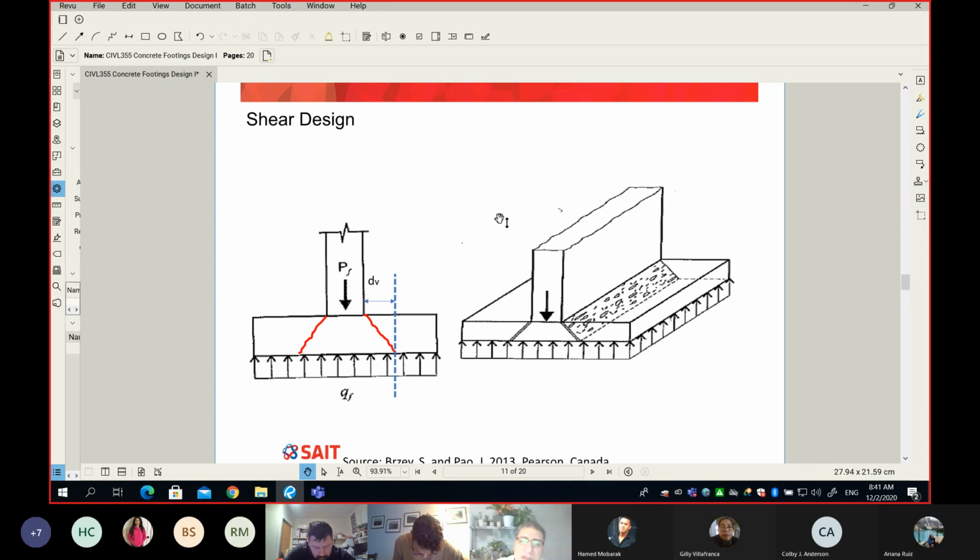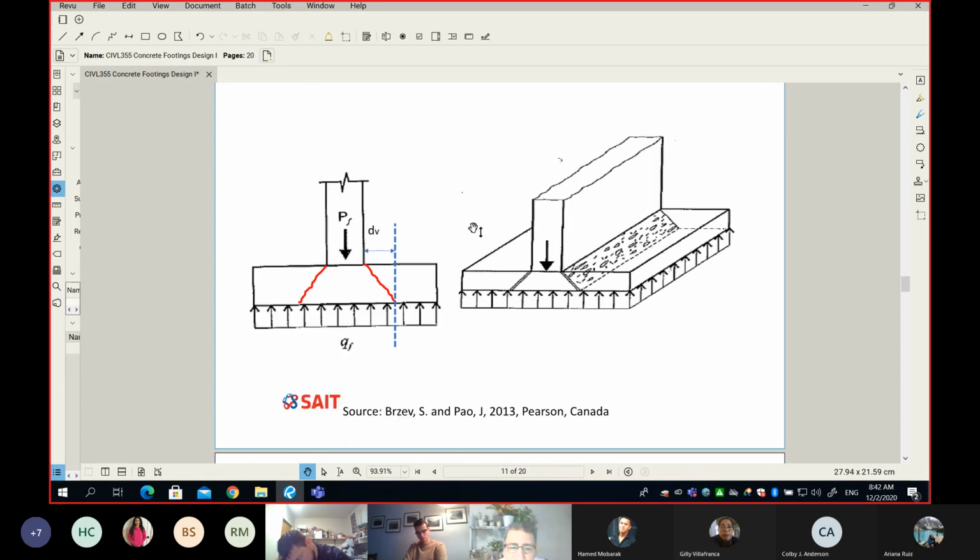One more time, the strip footing will be designed as a one-way slab, cantilevering out from both sides, and we have to make sure that this one-way slab is safe in shear and also safe in bending. And you will see here it is 100% exactly like a one-way slab, okay?